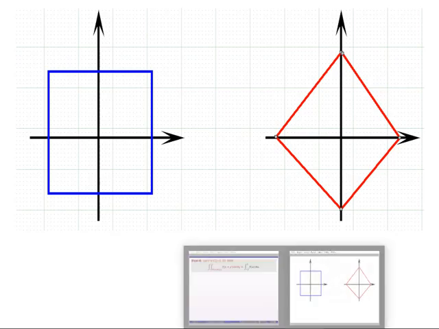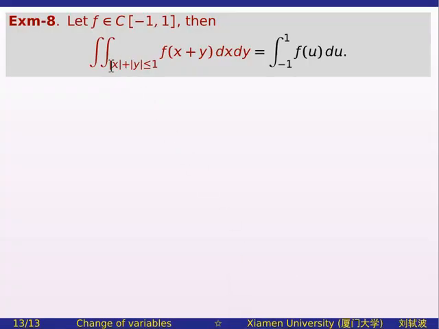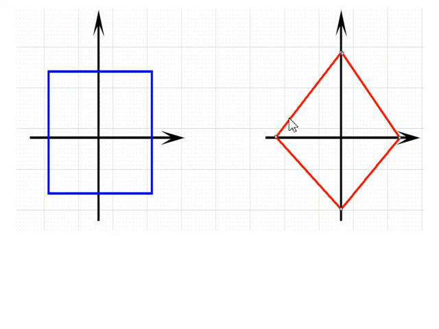So this is the domain: the absolute value of x plus the absolute value of y is not greater than 1. The integral of f(x plus y) over this domain can be easily computed if f is given, but this is not a rectangle in a very nice position.